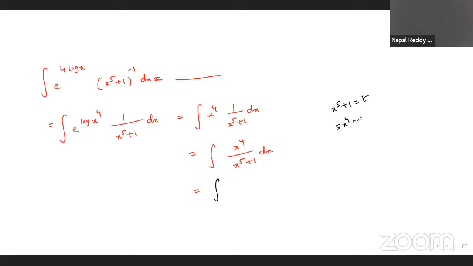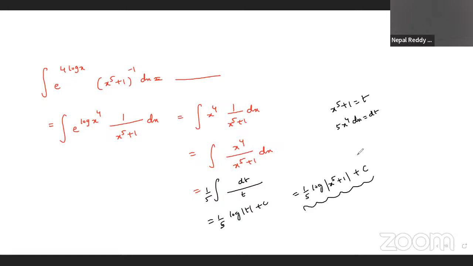Then 5 times of x power 4 into dx becomes dt. And x power 4 dx is dt divided by 5. And x power 5 plus 1 is t. 1 by 5 outside, integration of 1 by t is log modulus t plus c. Therefore, it becomes 1 by 5 log of t, which is nothing but x power 5 plus 1, plus c. So this is the right answer. We will discuss another question.